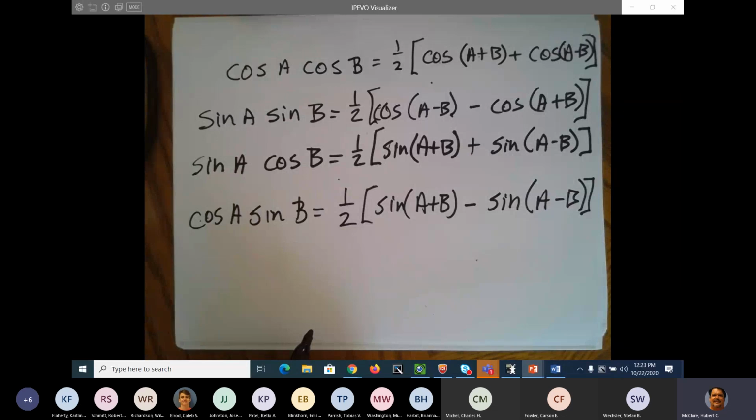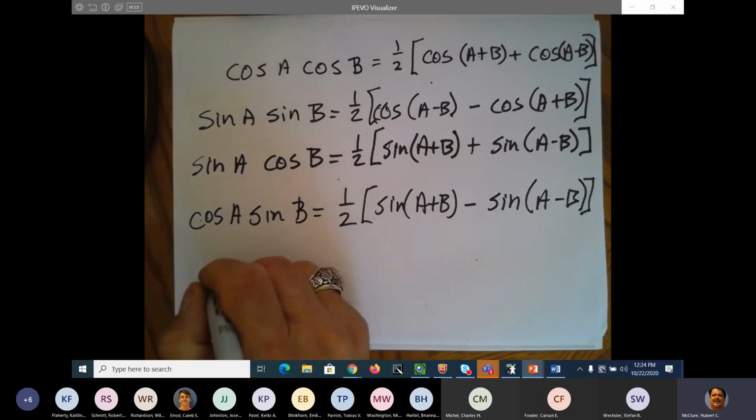Now you could actually solve these for the sine plus the sine, and you could actually get the sum to product. But it's easier just to rewrite the sum to product. Here is an example.